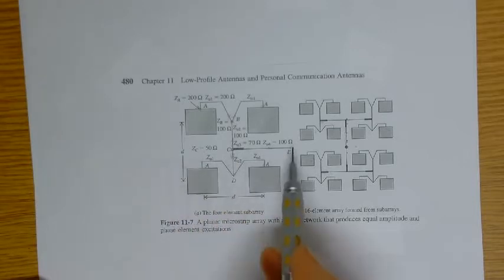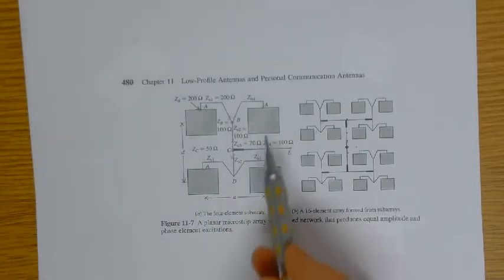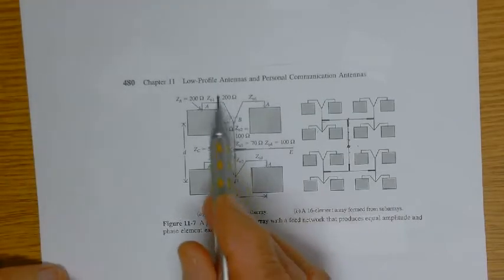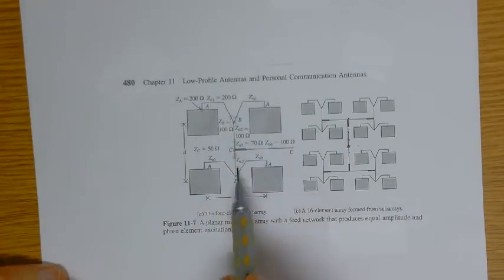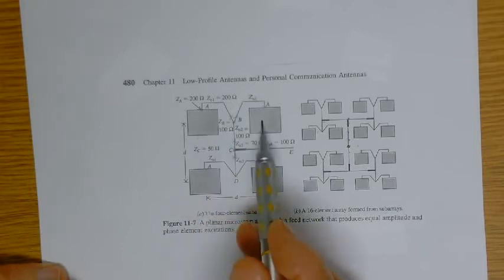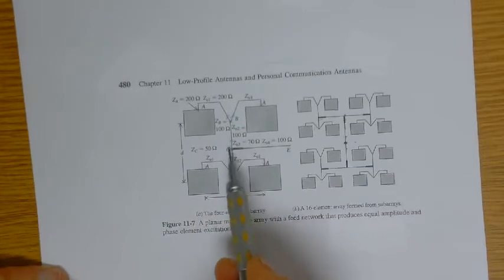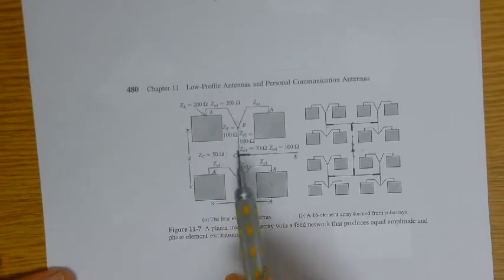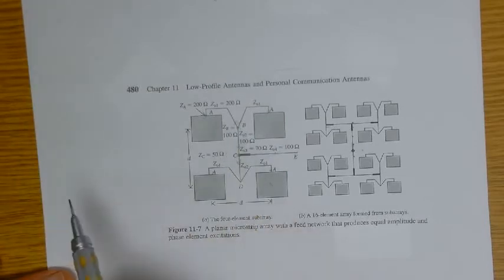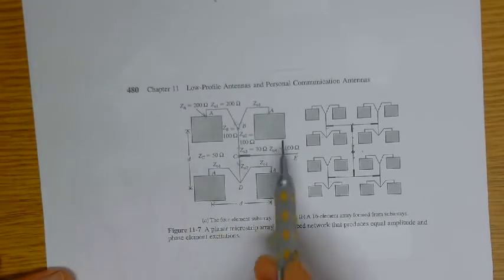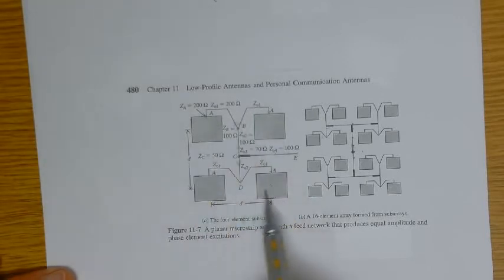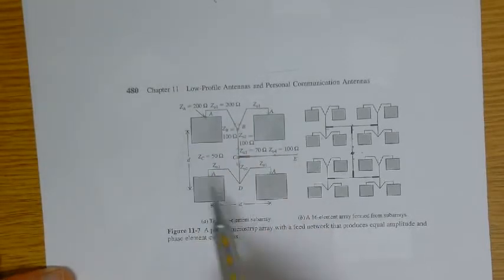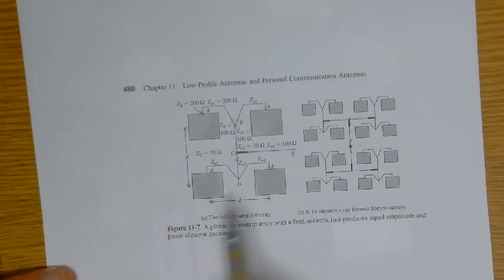So because these line lengths are the same, all of these patches are fed in phase. And so you're going to have a main beam maximum broadside to the plane of the page, right? The main beam maximum is going to be in the Z direction. And then we're going to get some gain, right? Because we've increased the effective electrical size of this antenna. That's the reason we use arrays, to up the gain.